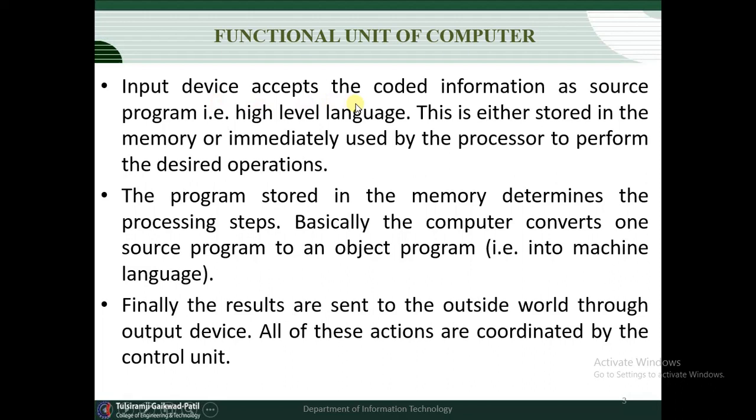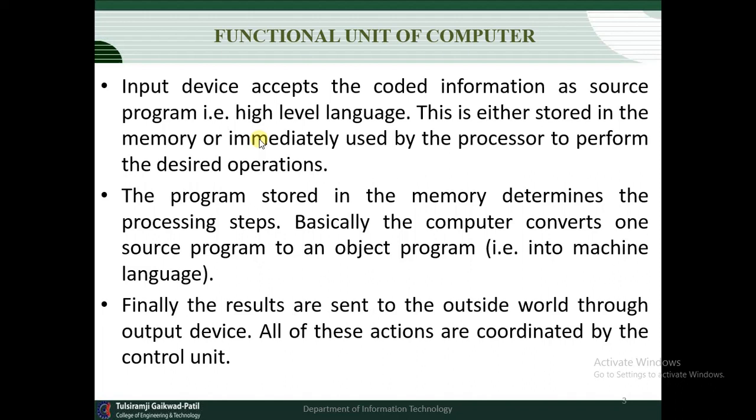Input devices accept coded information as a source program, that is called a high level language. We know the input consists of the high level language, that is called a human readable language. This is stored in the memory intermediately, to be used to perform the desired operations.